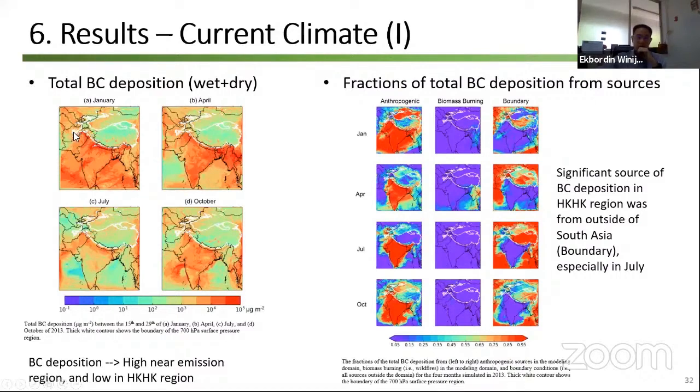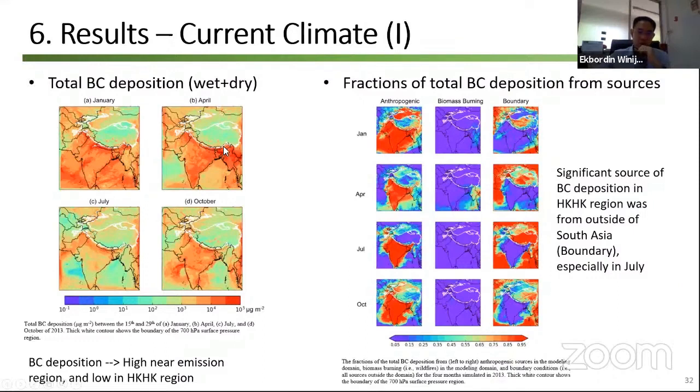You can see that this is the study area, and the white color refers to the boundary of the HK region, or the region that has the glacier. The red color refers to high BC deposition, and lighter color refers to low BC deposition.